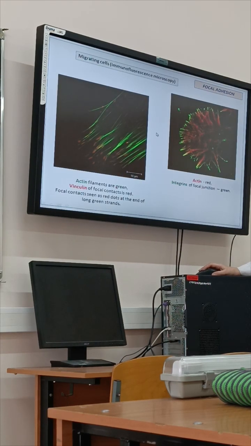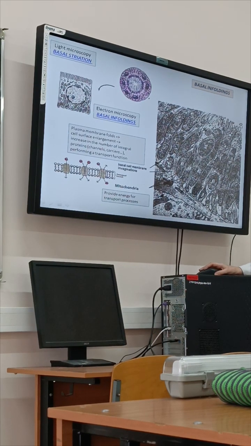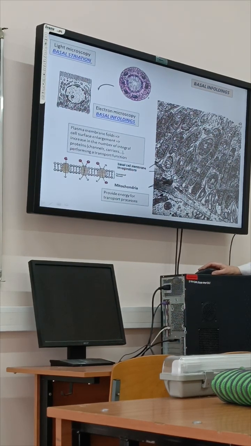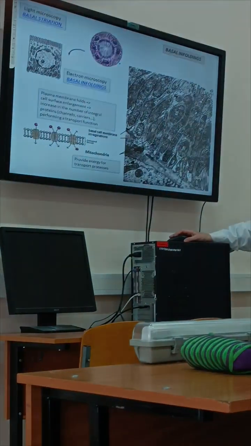Here is one more, immunofluorescent microscopy: actin filaments green color, vinculin of focal contact red color, again actin red, integrins of focal junction green color. And basal enfoldings, what is this, invagination of the basal surface membrane, as I said, it's necessary for transportation.